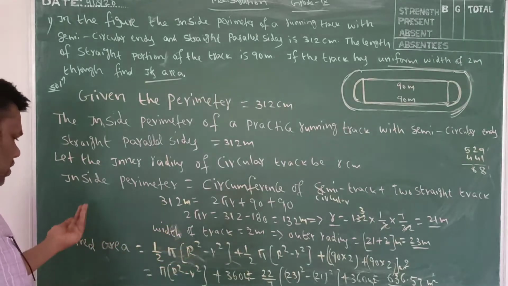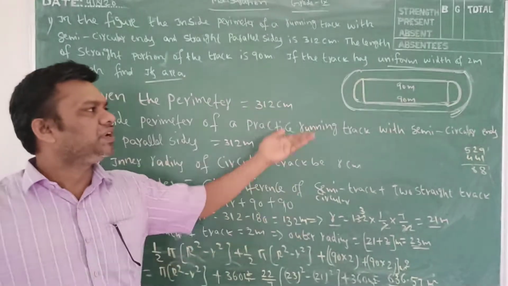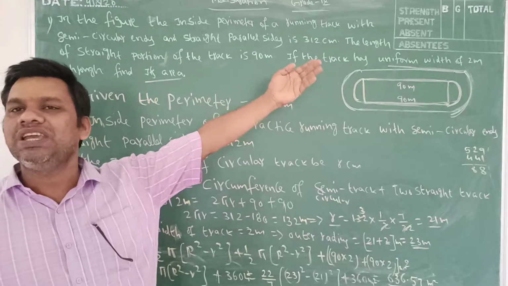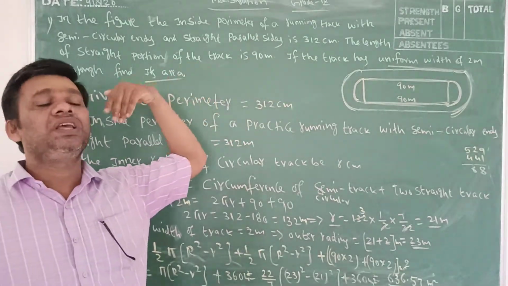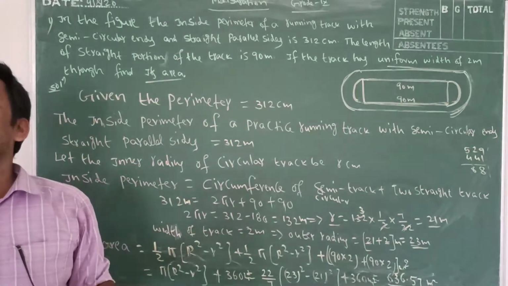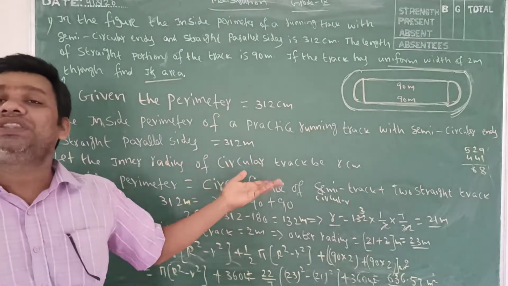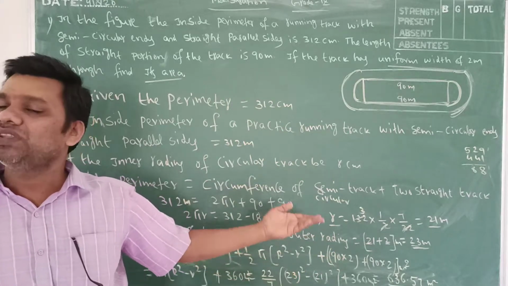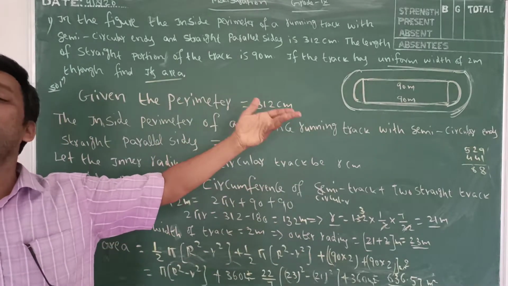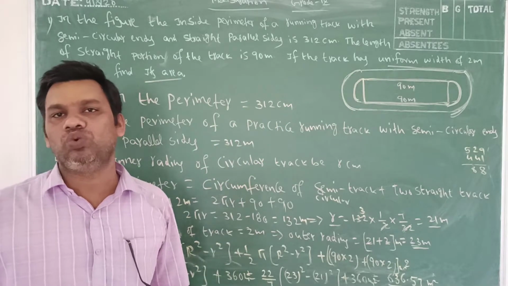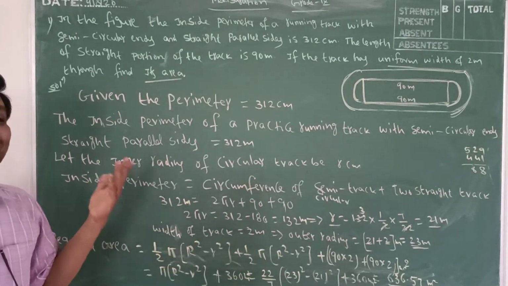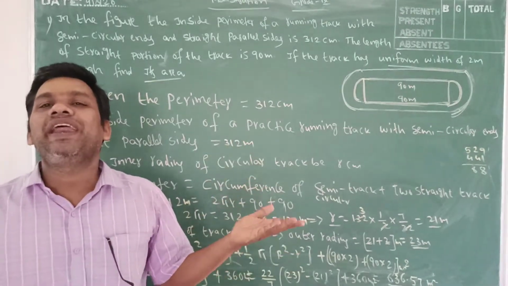Because the width of the track is 2 meters, outer radius means inner radius plus width. They gave the width, and we found the inner radius with the perimeter. So the outer radius is 23 meters.